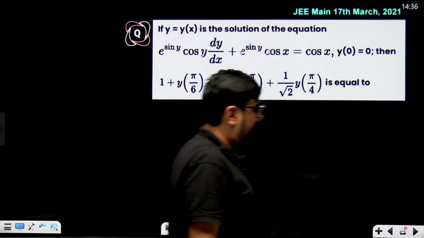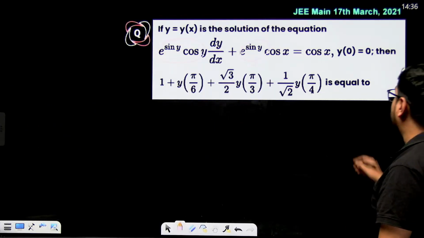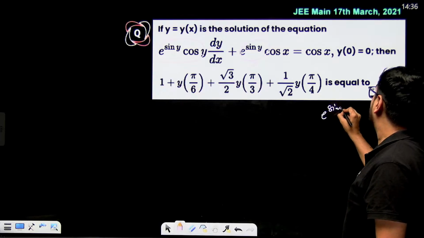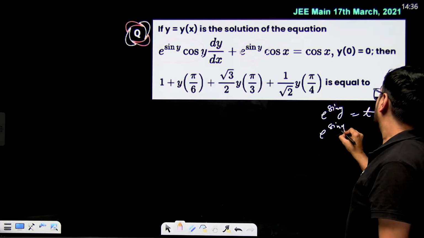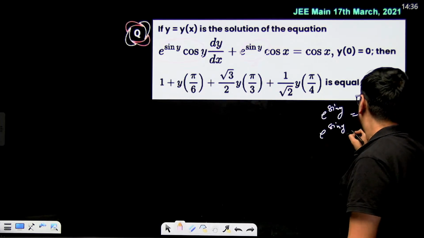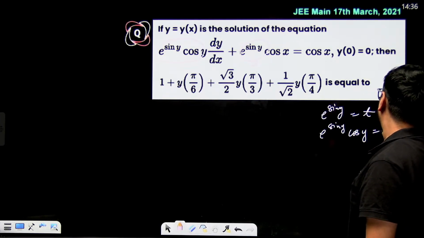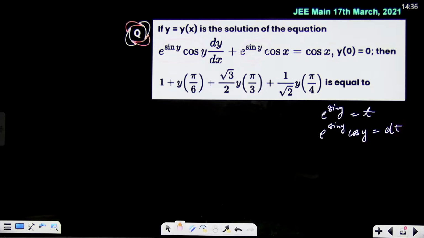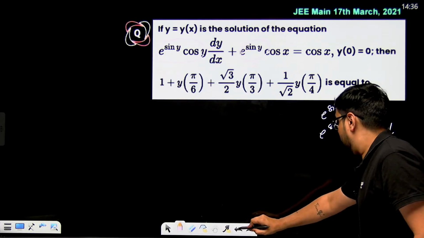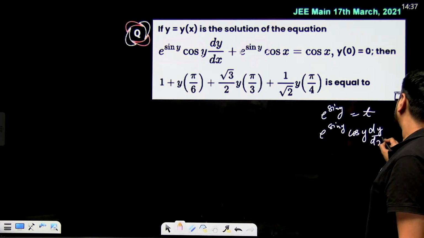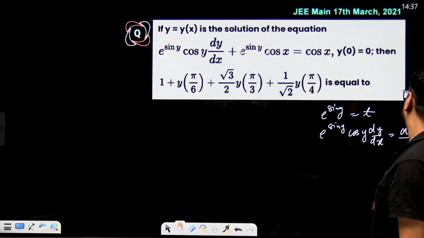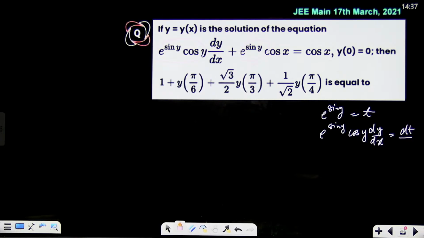So if you take e to the power sin y as some t, then e to the power sin y cos y dy by dx will become your dt by dx.